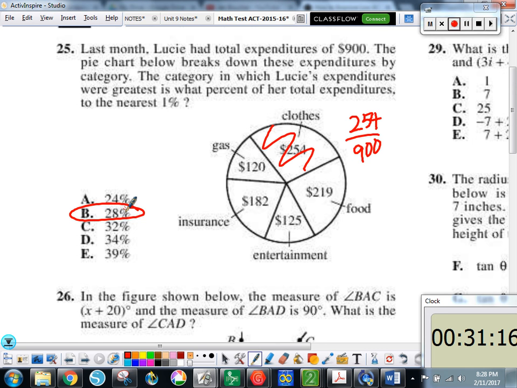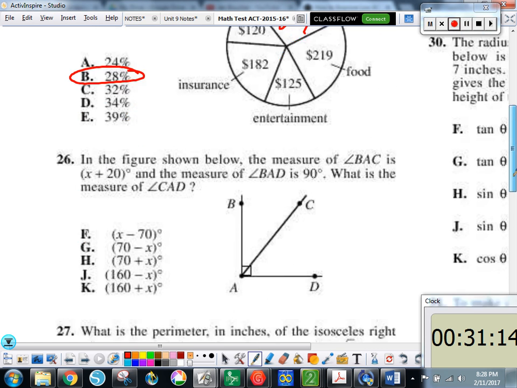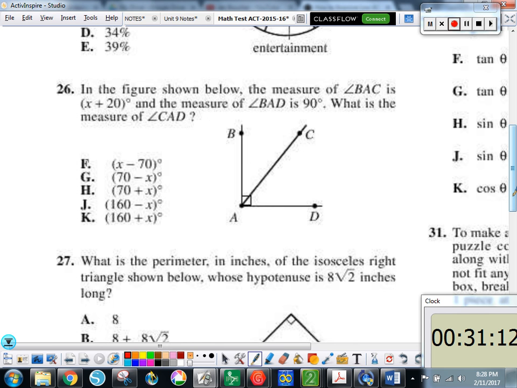Okay, number 26. In the figure below, the measure of angle BAC is x plus 20, and the measure of CAD is 90. What is the measure of the other angle? So you don't even care about this. Oh, wait, yes, you do. So this is going to be 90 minus the other one, right?